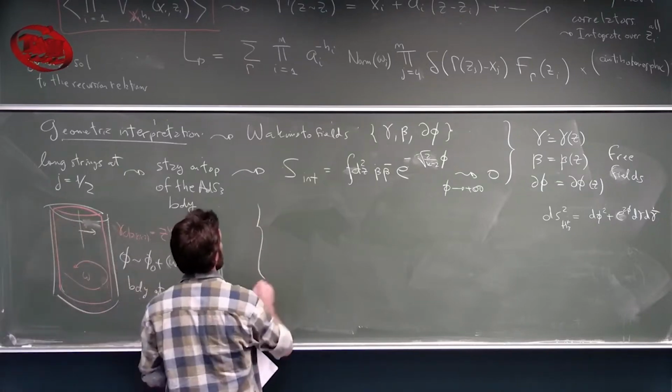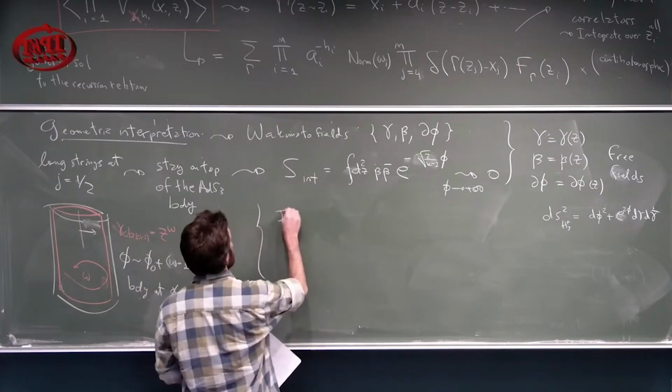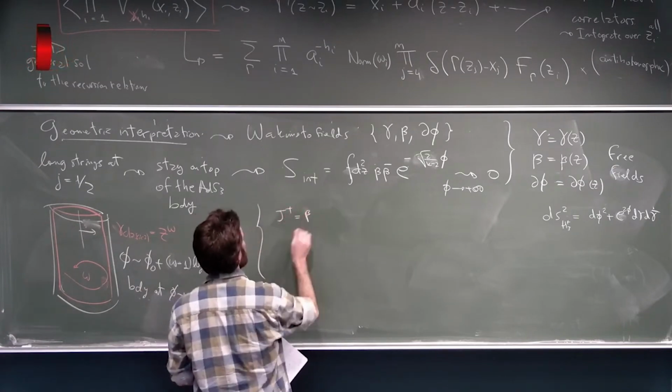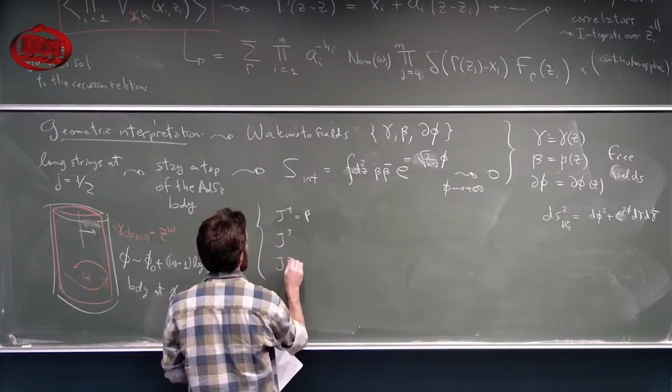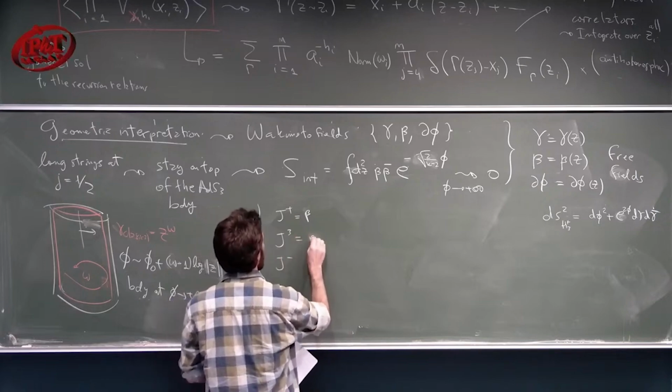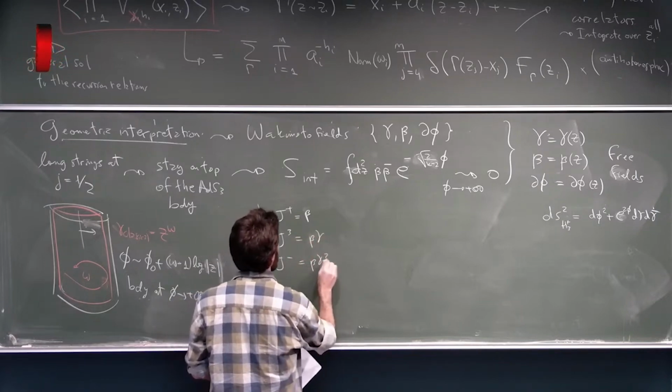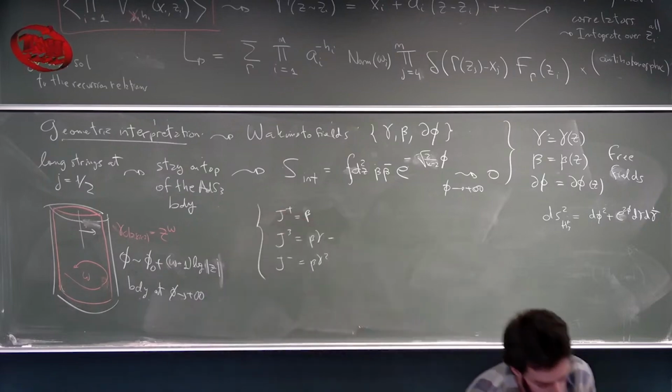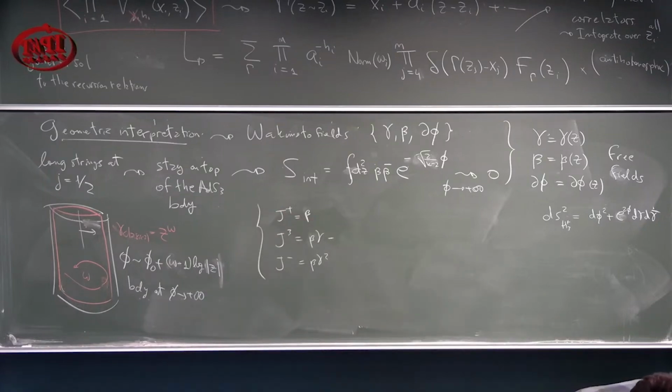If you remember, in this setting we had three currents, J plus, J3, and J minus, something like this.